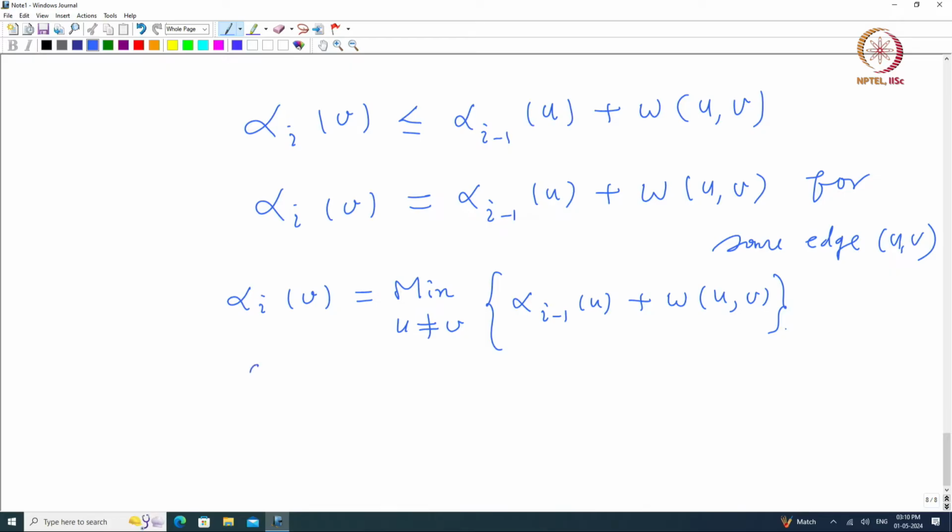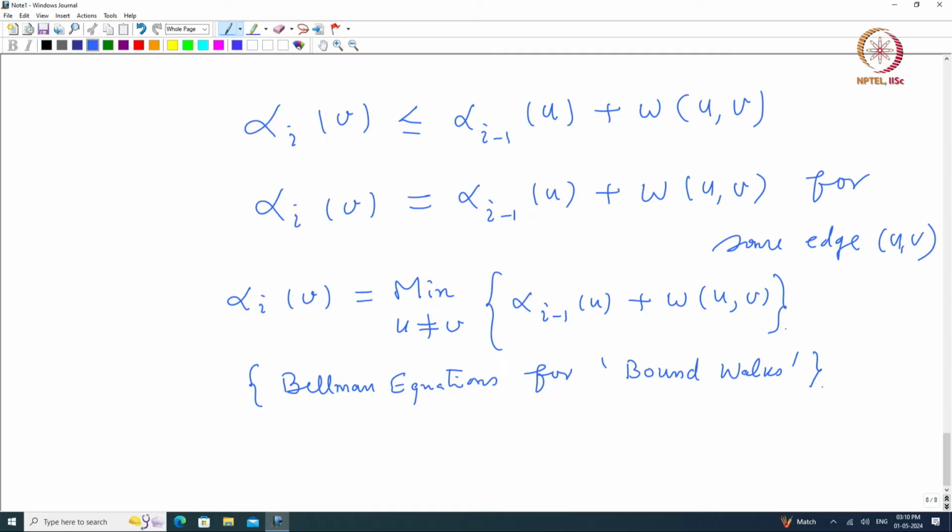You can call these Bellman equations for bounded walks. What we mean by bounded is that the number of edges is limited. We are considering only the walks with less than or equal to I edges here.